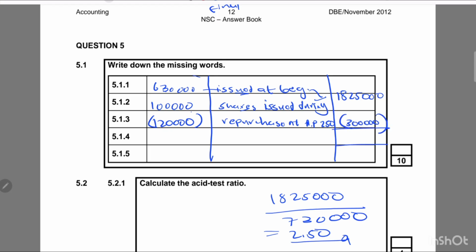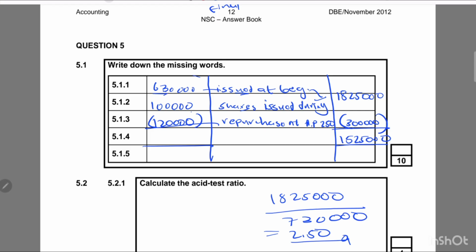Then how do I get the balance at the end of the year? 1,825,000 minus 300,000 is going to be 1,525,000. So how many shares were issued in total at the end of the year?